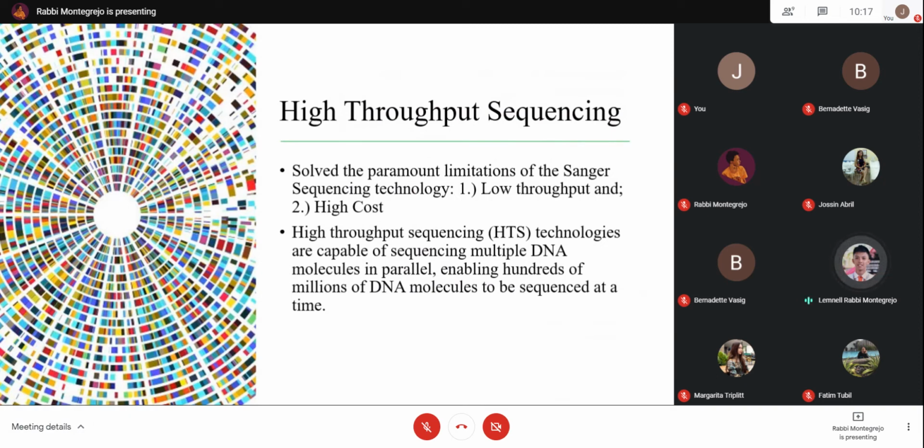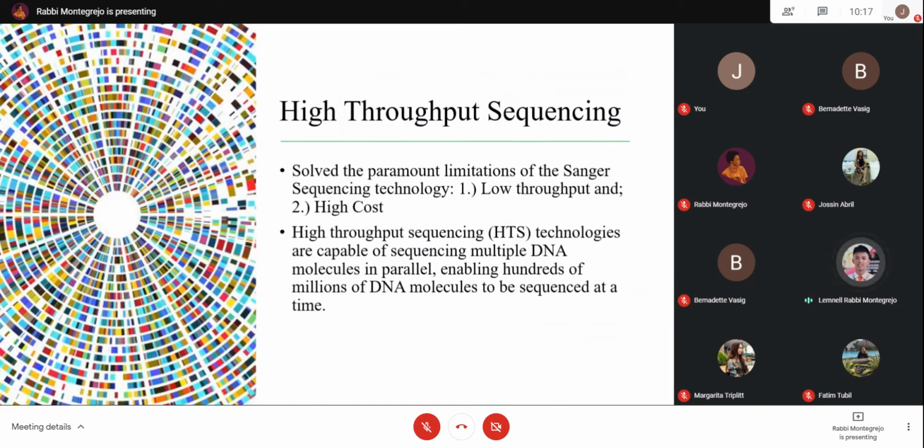So, in order to solve this problem, high throughput sequencing was eventually born. This was through the modification of the Sanger sequencing technology. Some of the methods that I will discuss later on still employ some of the katong mga approaches na gigamit sa Sanger sequencing dayong gi-modify ra nila.